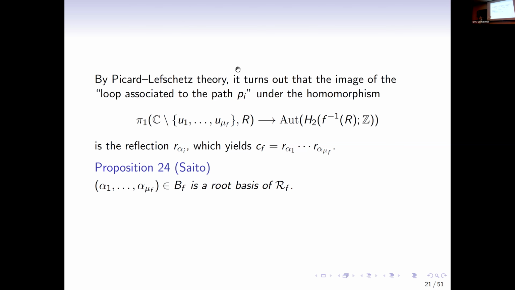And this consideration gives this equality: the Coxeter element can be the product of these reflections with respect to the distinguished basis. So, in other words, this distinguished basis defines a root basis.